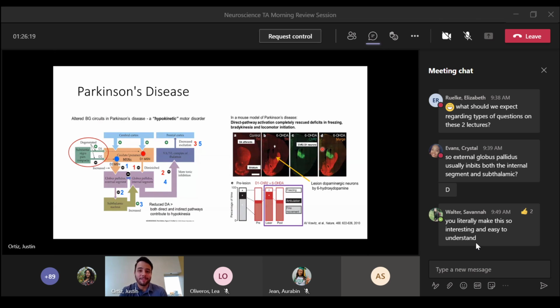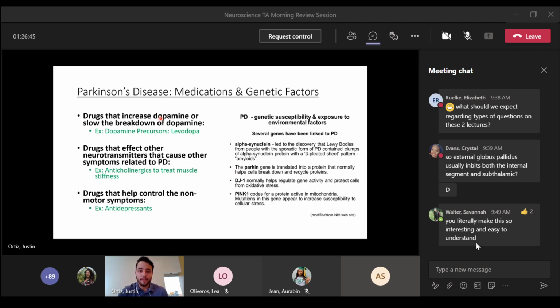But again, these studies are in very rudimentary stages in regards to finding a cure or treatment for Parkinson's disease. When there are low levels of dopamine, it's very hard to find ways to increase them because neurons start to degenerate and pathways start getting affected. So it's a very unfortunate disease, but again, it's a hypokinetic disorder.